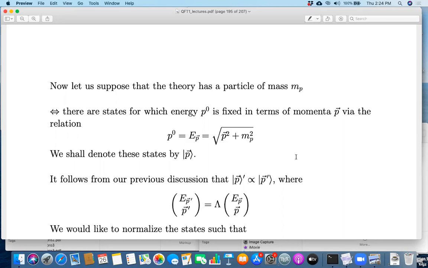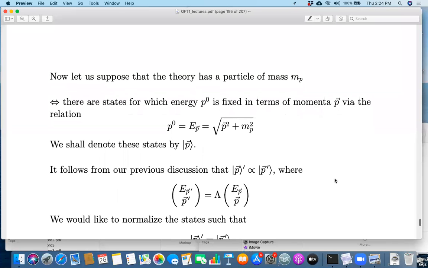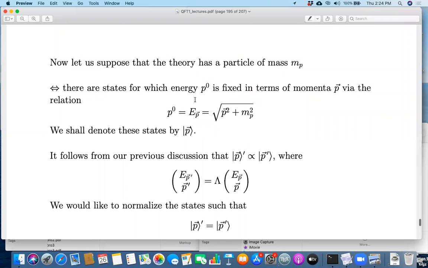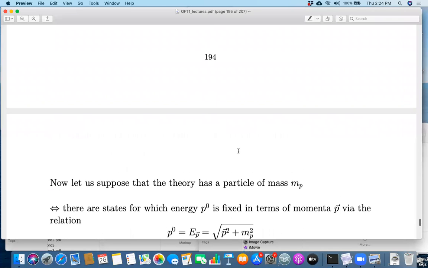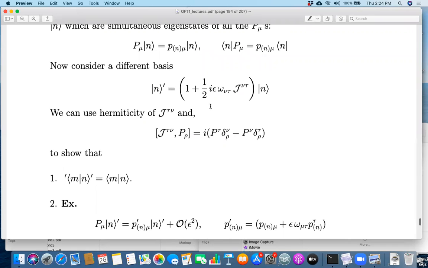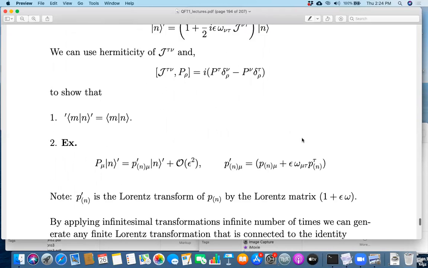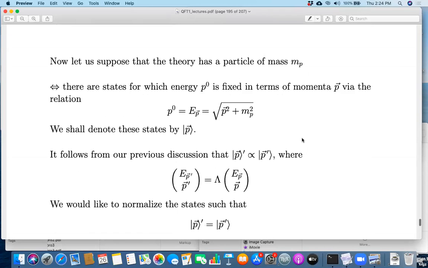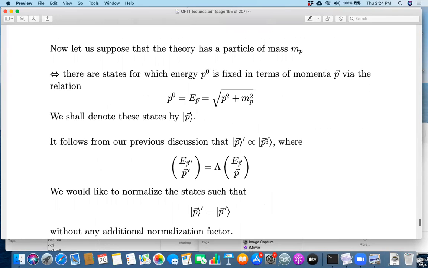Any other question? Okay. So now we can apply our previous discussion on this state. We define the state P prime. What is P prime? This is the result of acting with this operator on that state. You know that state is a momentum eigenstate, and the momentum eigenvalue is given by some P prime.